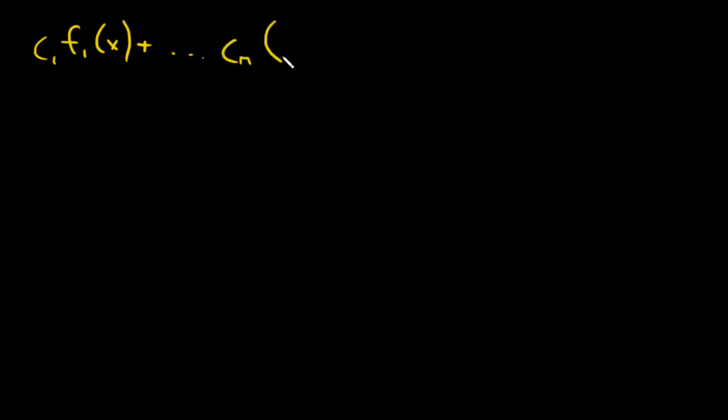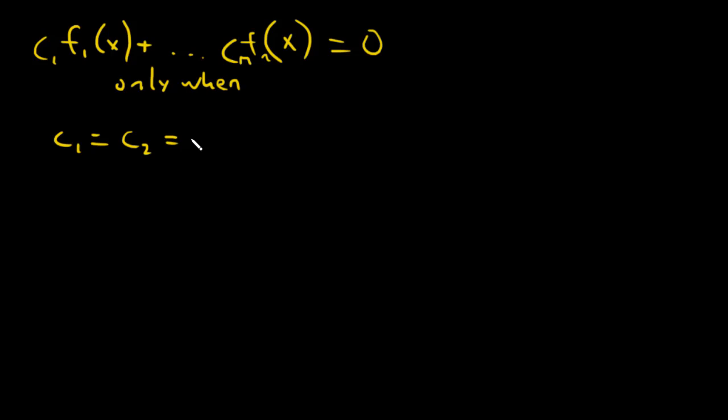So I've got these constants that are in front of Fn of x. And it equals 0 only when C1 is equal to C2 is equal to C sub n, all of them are 0. Then this is linearly independent.